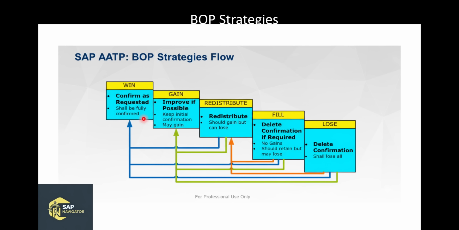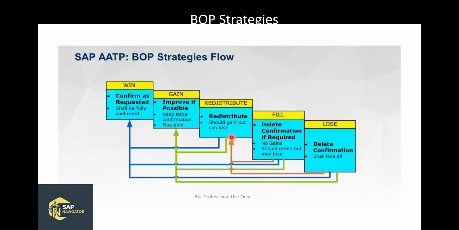If you look at the gain, this green arrow mark, the gain category will get quantity from redistribute, fill and lose, and it won't get from win because win never loses the quantity. So the gain category will get quantity from these three categories.